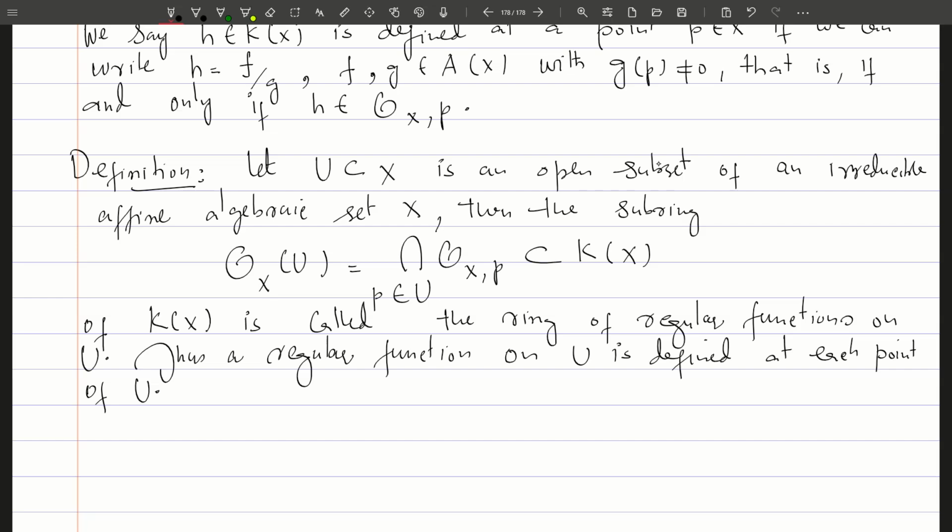Now we have some remarks here. The first remark is that a regular function on U actually defines a function.